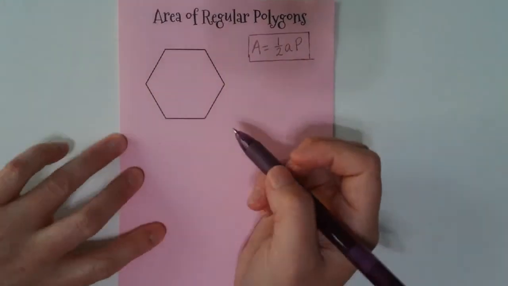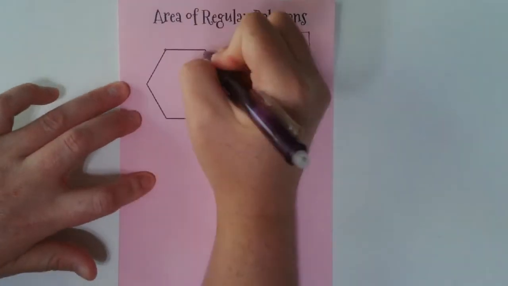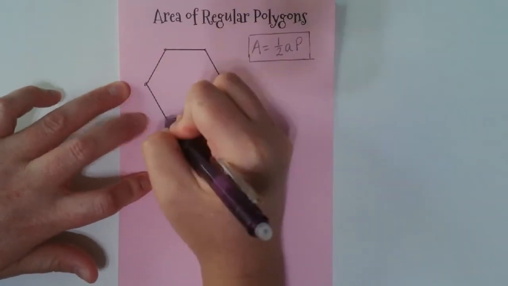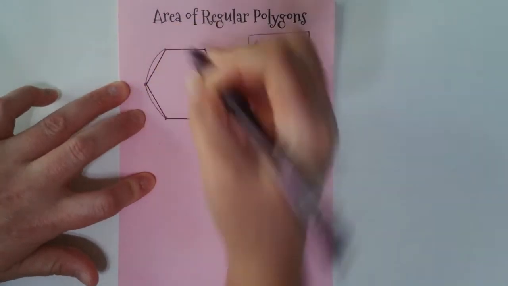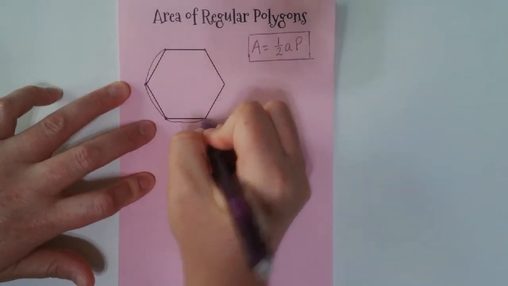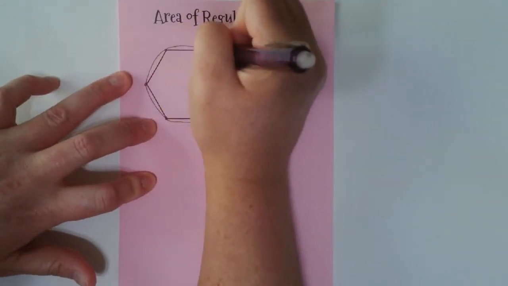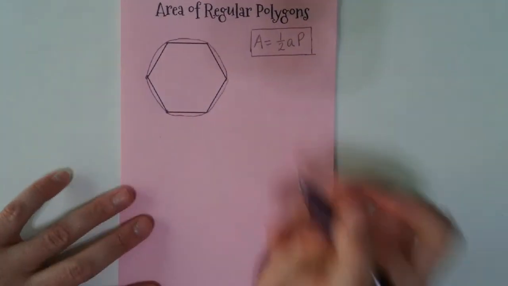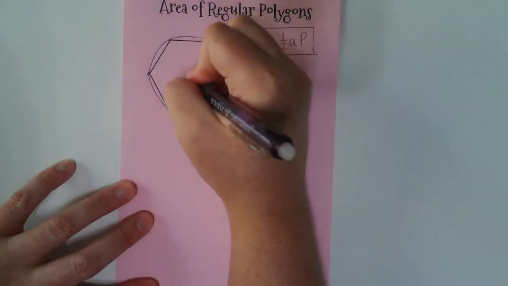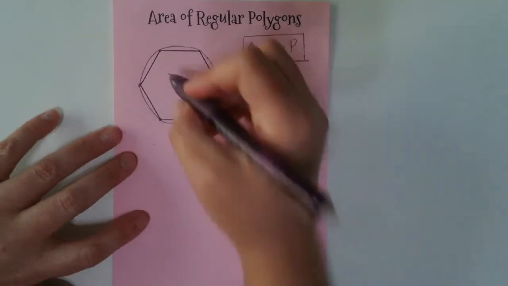If you look over here, we have a hexagon. If I draw a circle around the hexagon, say here is the center of the hexagon.